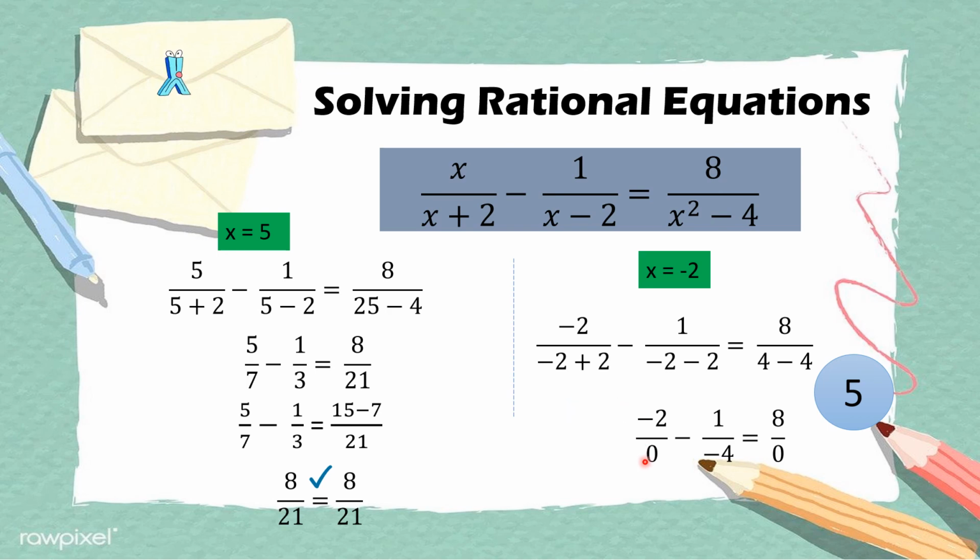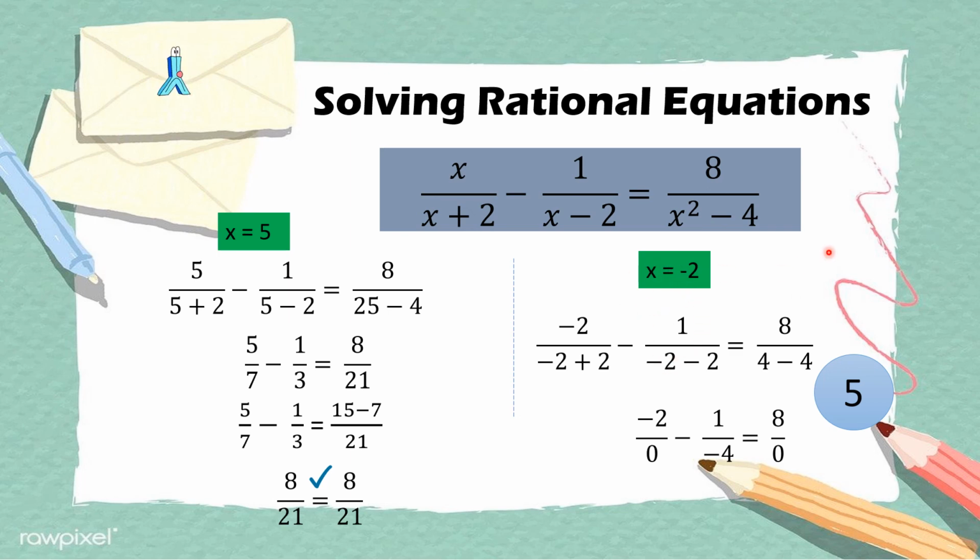So negative 2 over 0 minus 1 over negative 4 equals 8 over 0. So if your solution leads you to an undefined value, therefore x equals negative 2 is considered an extraneous solution.